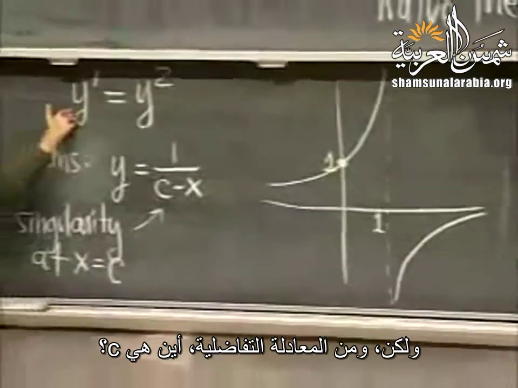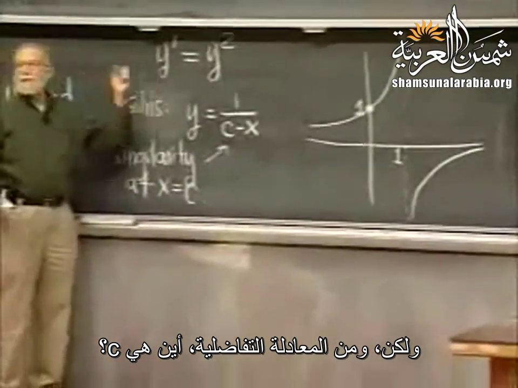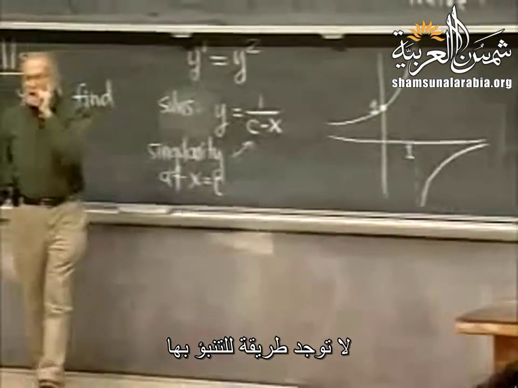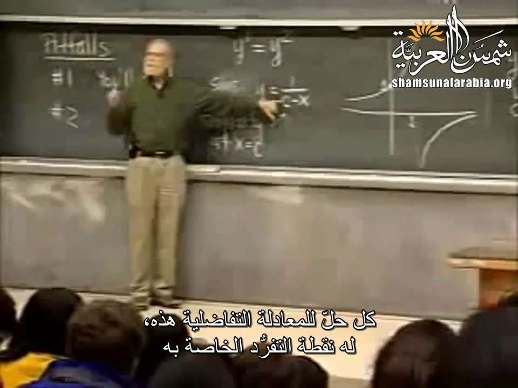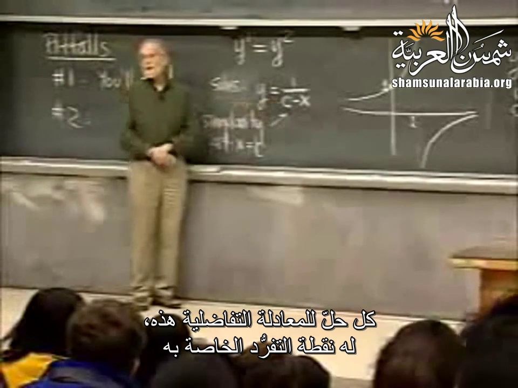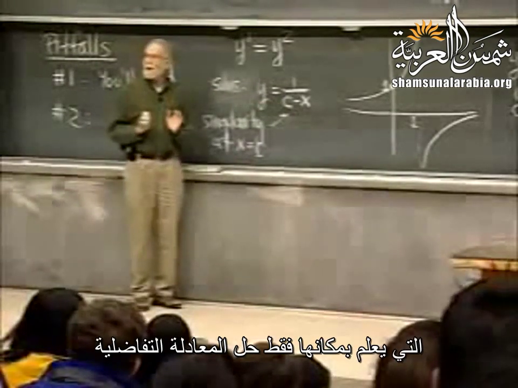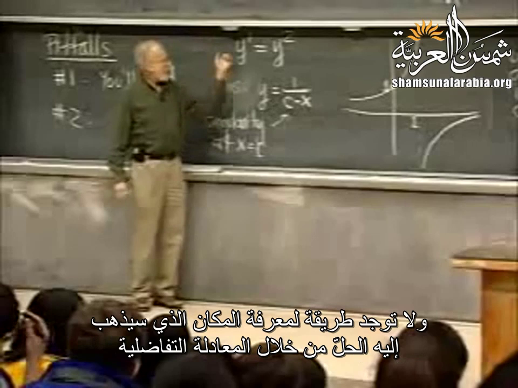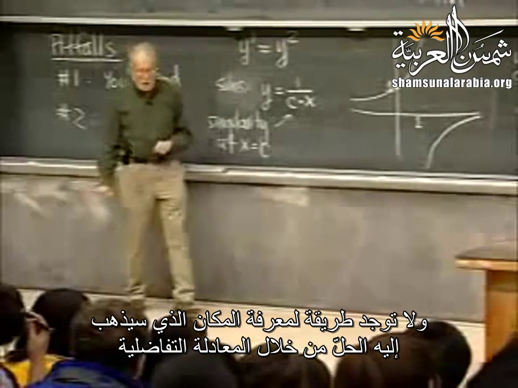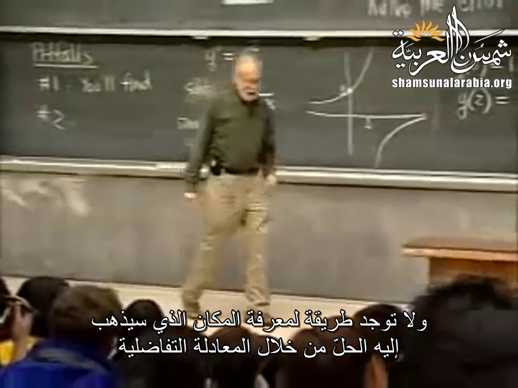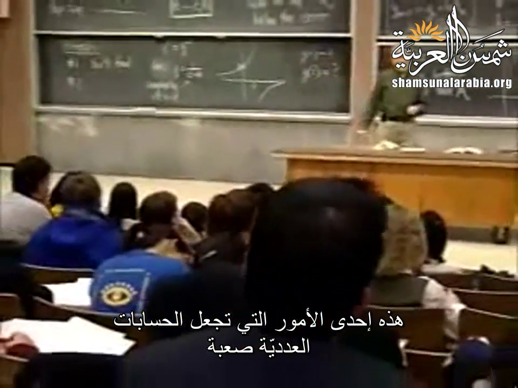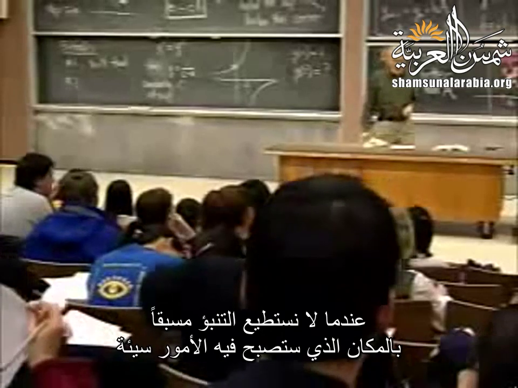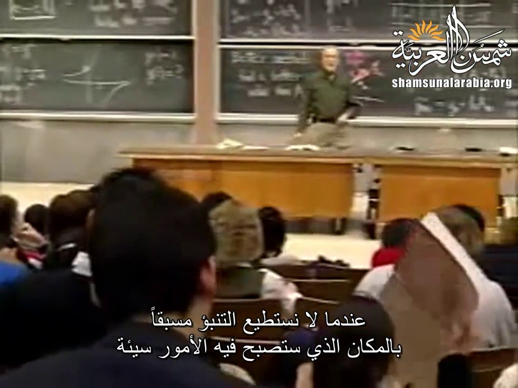But from the differential equation, where is that c? There is no way of predicting it. Each solution to this differential equation has its own private singularity, which only it knows about, where it's going to blow up, and there's no way of telling from the differential equation where that's going to be. That's one of the things that makes numerical calculation difficult, when you cannot predict where things are going to go bad in advance.